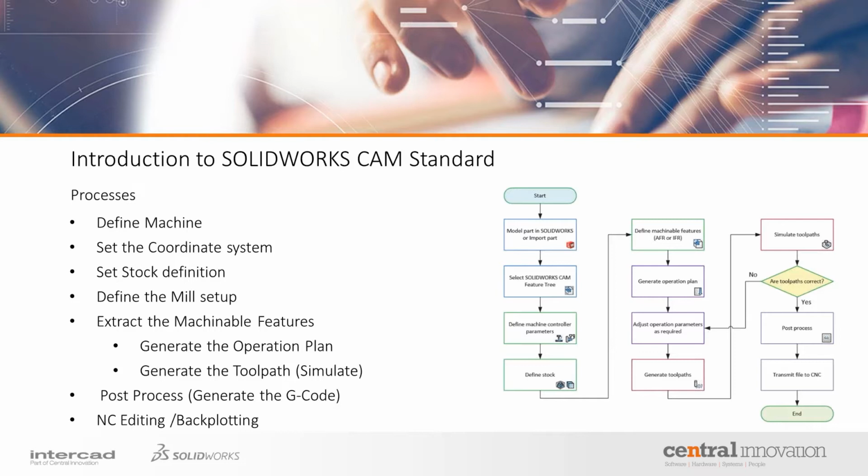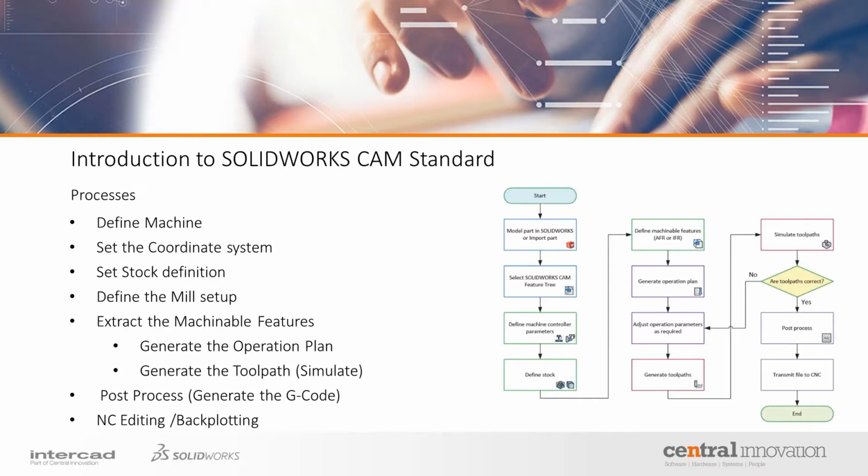On the list on the left-hand side, I've narrowed down what we'll have a look at today, and that is the definition of the machine, setting the coordinate system, setting the stock definition, defining the mill setup, extracting the machinable features, and then we'll generate the operation plan and the toolpath, and then post-process that toolpath to generate the G-code, and then take a look at that G-code in the NC editor and look at the backplotting of that.